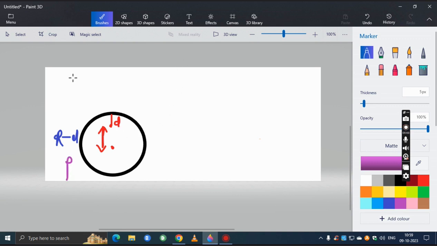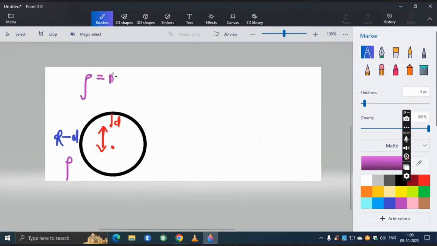So we know that density equals mass by volume. So we are going to use this formula. Now as usual, we know that g is equal to GM by r square. Now what is the distance between the object and the center of the Earth?